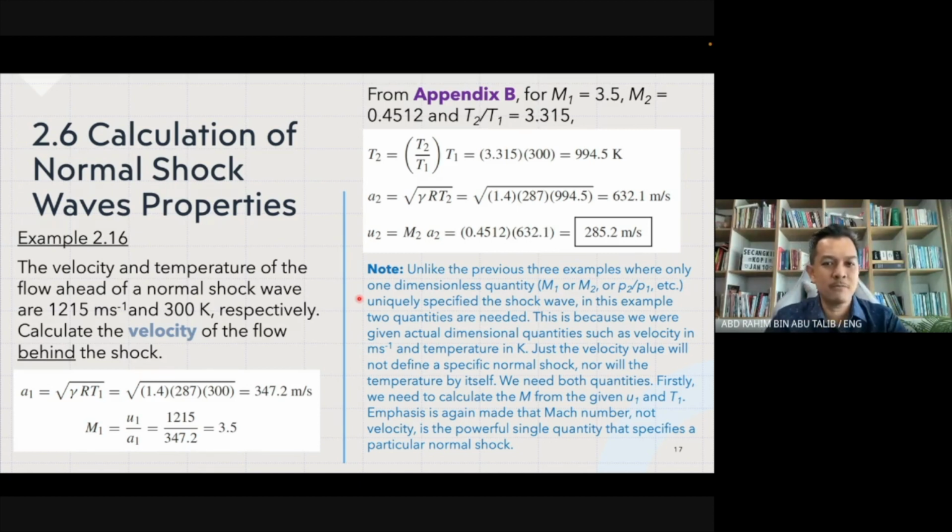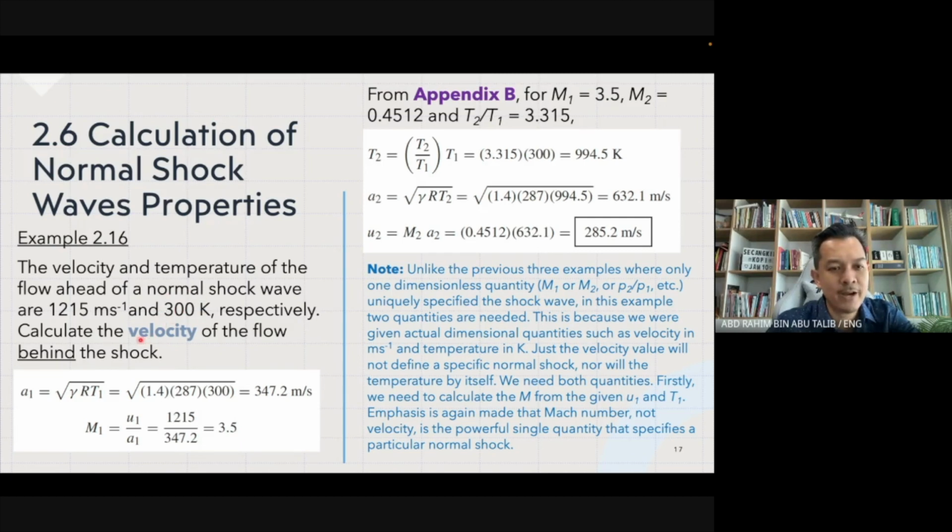Before we move on to 2.7, let us look into example 2.16. The velocity and temperature of the flow ahead of a normal shock wave are given as 1,215 meter per second and a temperature of 300 Kelvin respectively.